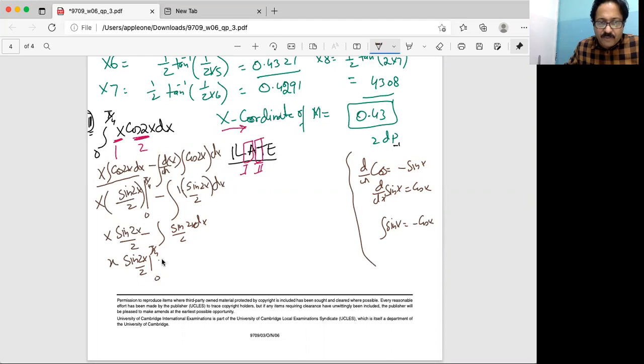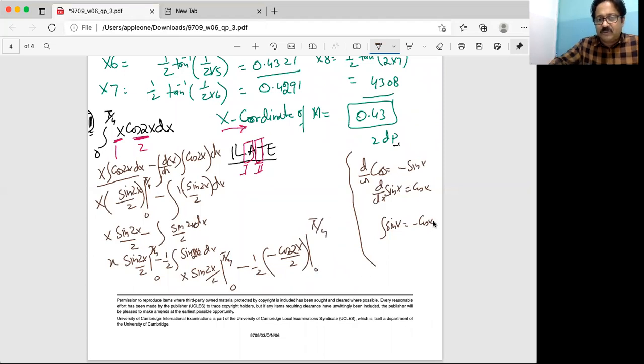So here now, minus 1 over 2, and the integral of sine 2x dx. So here I will do x sine 2x over 2, with limits 0 to pi over 4, and minus 1 over 2, and the integral of sine 2x is what? As I said, this will be minus cos 2x over 2 now, with limits 0 to pi over 4.